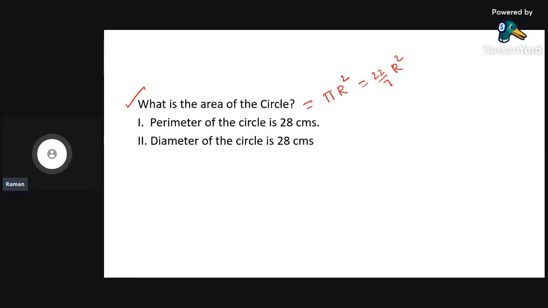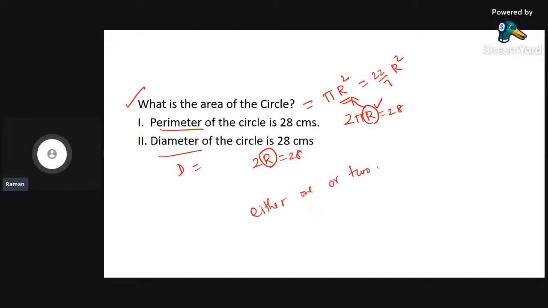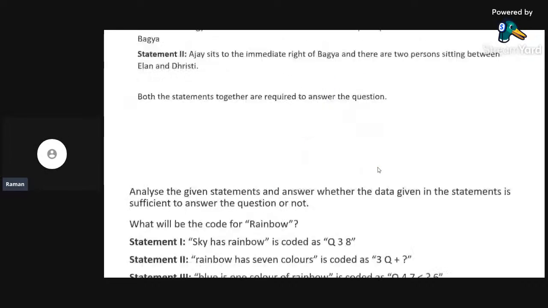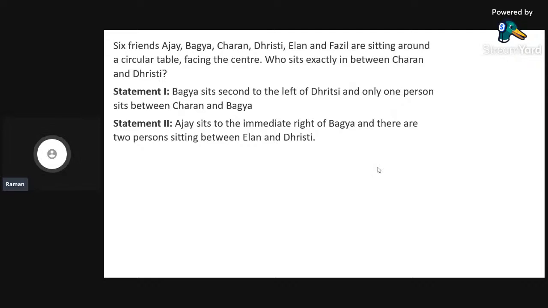In order to find the area, we need the radius. The perimeter is 2 pi r, so after finding r, I can substitute here. Suppose we take the second statement. Diameter is 20, and diameter is nothing but 2r, so from this also I can obtain the value of r. Either statement 1 or statement 2 is sufficient to answer this question. Very good, Pratmesh. Keep it up. Let's try this question and tell me the answer.